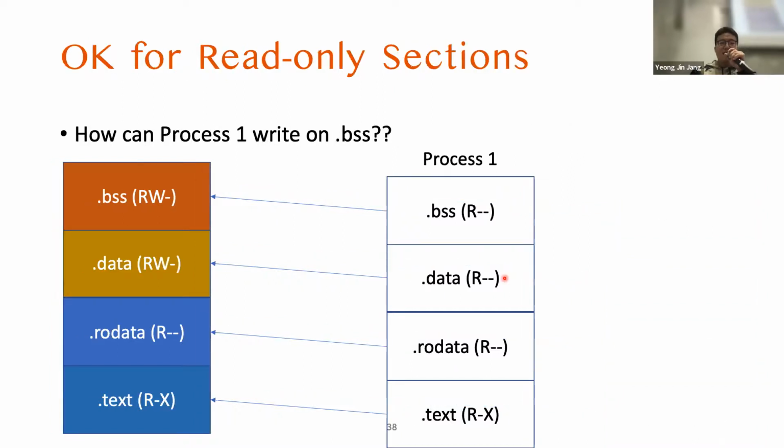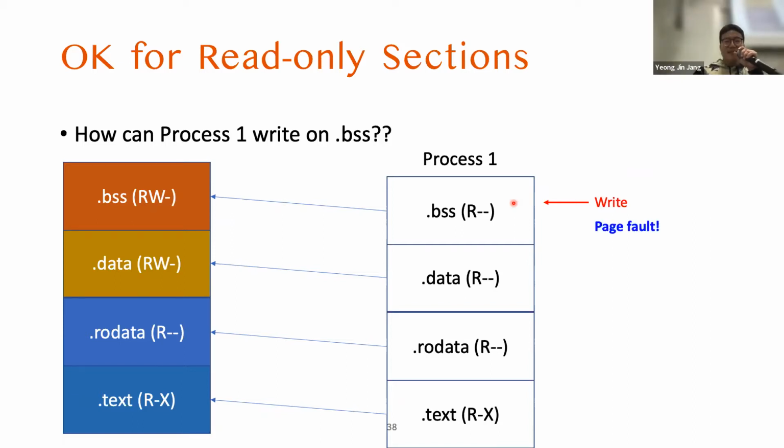Let's take a look at process one only. It does not have a private copy of any part of the program here, and the page table just maps back to the shared program. Suppose the program writes on the global variable area, the BSS.